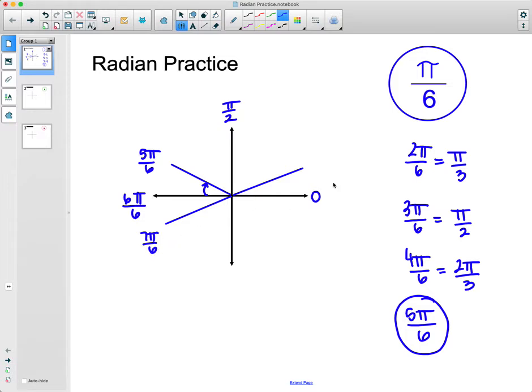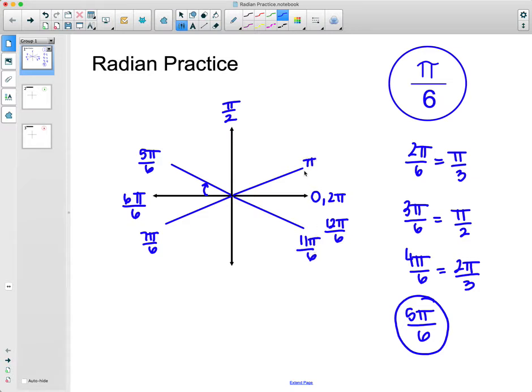Then all the way around over here would be 2 pi. 2 pi in sixths, if you want the base to be a 6, would be 12 pi over 6, because 12 divided by 6 is 2. So 1 pi over 6 before you get all the way around to 12 pi would be 11 pi over 6.